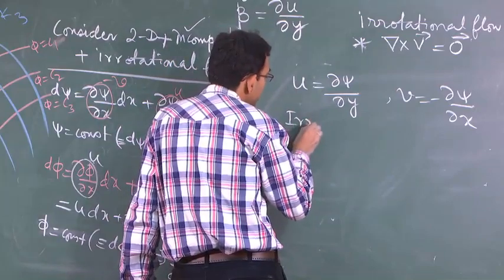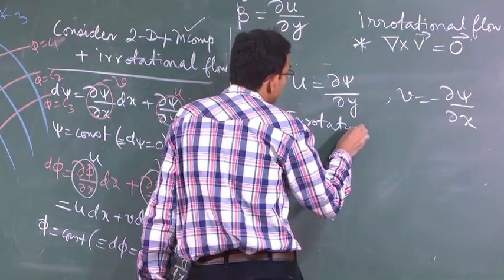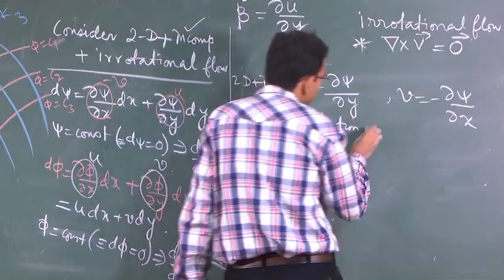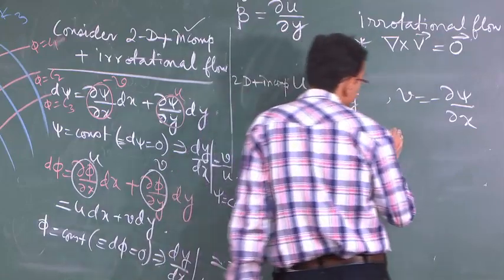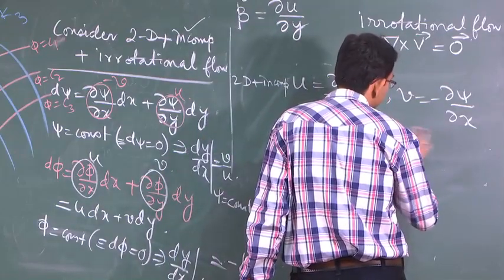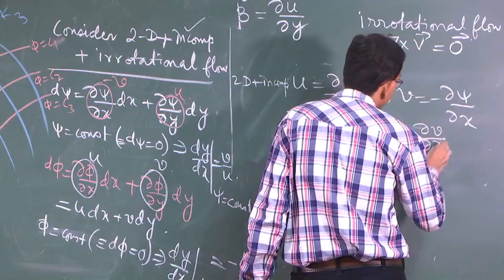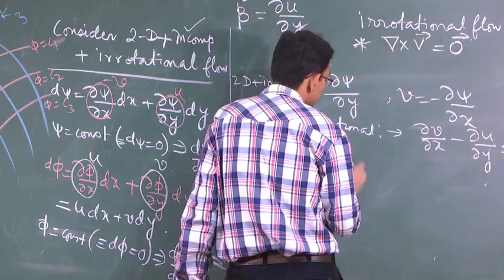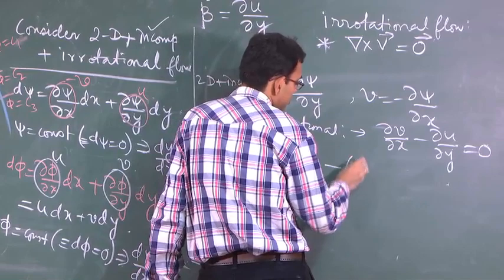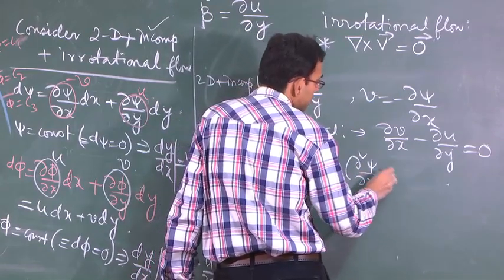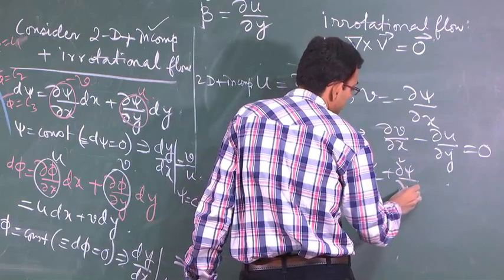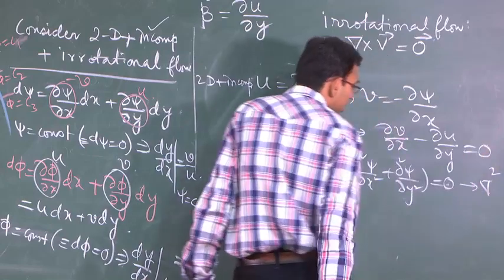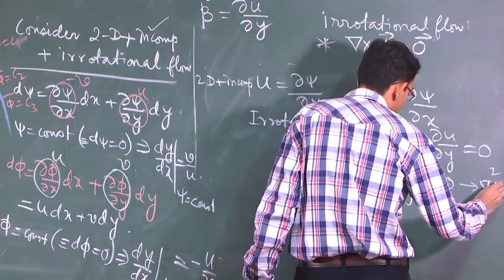So, it is two dimensional plus incompressible. If it is irrotational, then what it essentially means is that, in the two dimensional situation, this is nothing but the Laplacian operator for two dimensional.